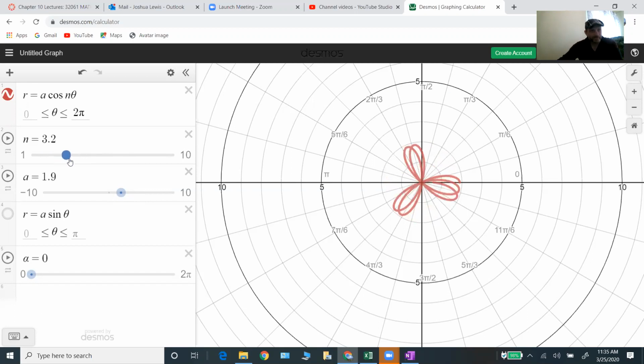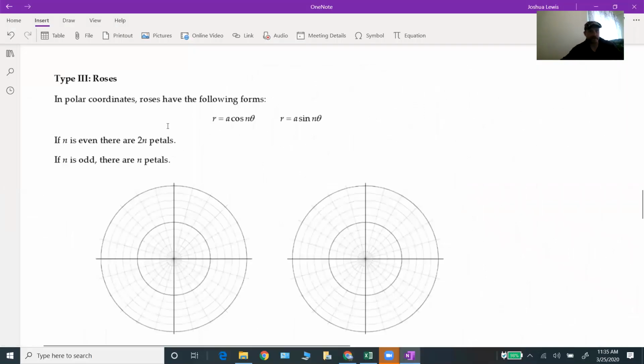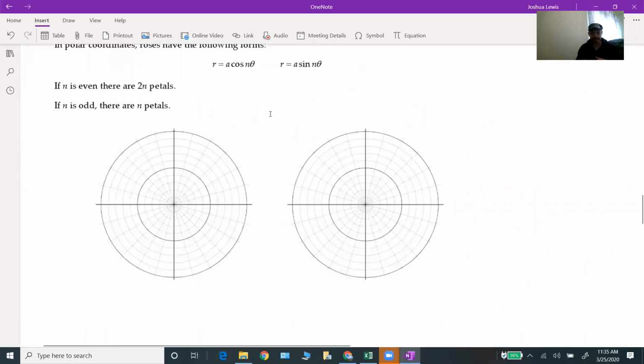And then when I make n 4, we have 8 petals. And when I make n 5, we have 5 petals. And so you see what's happening, right? If n is even, then we have 2n petals, and if n is odd, there are n petals. And that's essentially what we get.